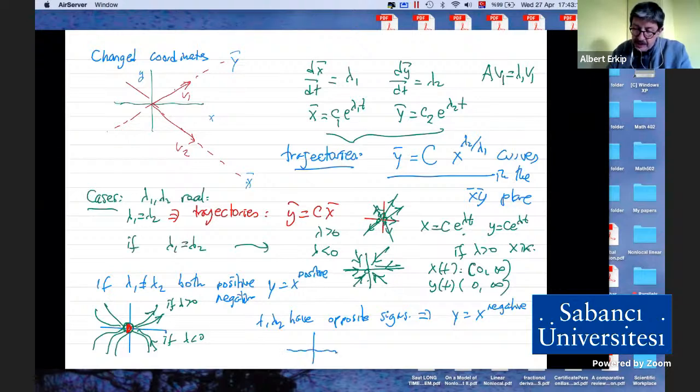It's a negative power, so it's like 1 over x squared, 1 over x, and so on. So you have things like this. I should be careful about the arrows, so let me erase this and not put the arrows. Depending on which one is positive and which one is negative, the curves will point right or left.